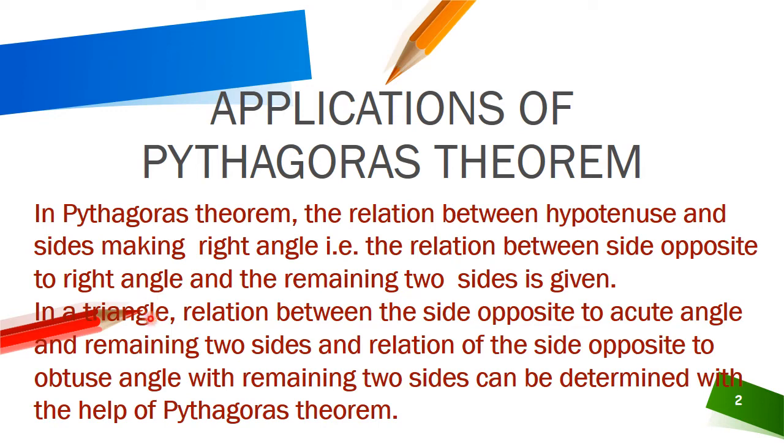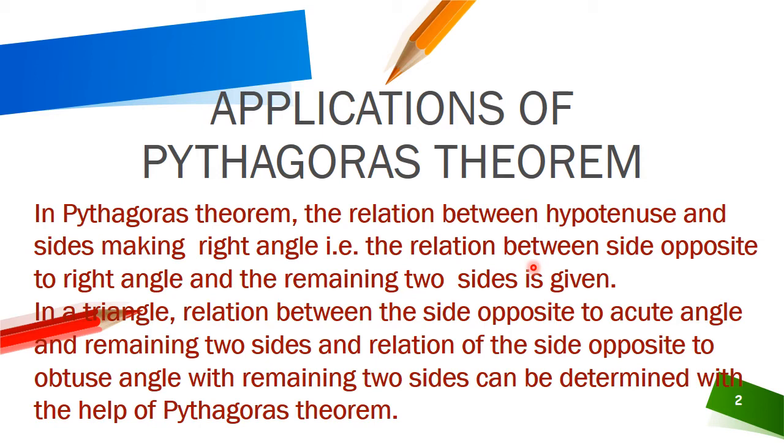Now in a triangle, the relation between the side opposite to an acute angle and the remaining two sides, and the relation of the side opposite to an obtuse angle with the remaining two sides, can be determined with the help of Pythagoras theorem. In Pythagoras theorem we discussed the relation of the side opposite to the right angle with the other two sides.